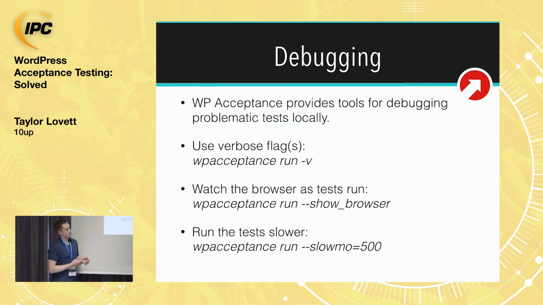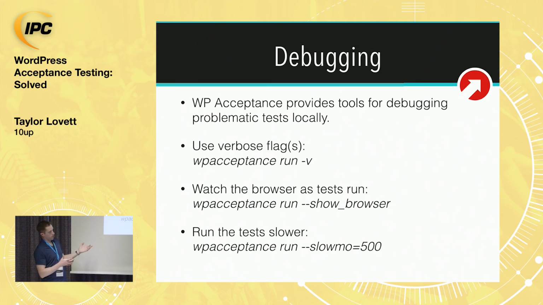WP Acceptance comes with a ton of tools for debugging. This is super important because if you've ever written acceptance tests with Puppeteer or Selenium or Codeception, when your test has a problem, it can be hard to debug. So WP Acceptance gives you a couple tools. One, there's a verbose flag that you can add, so it'll show you a lot of debug information as it runs through your tests.